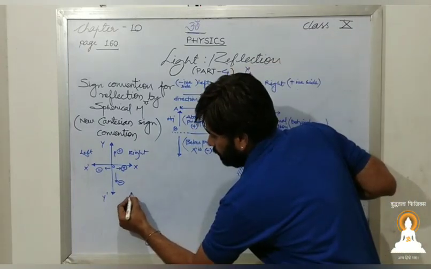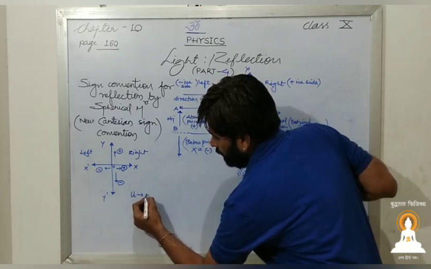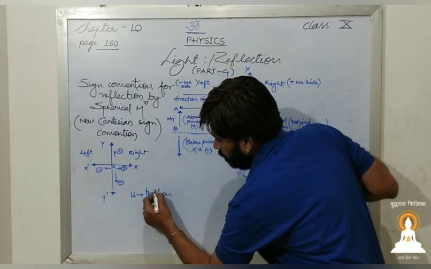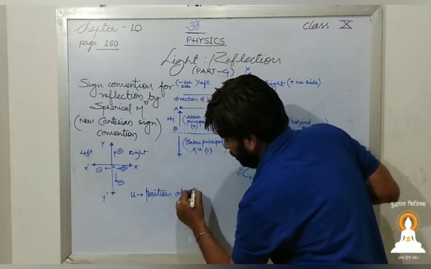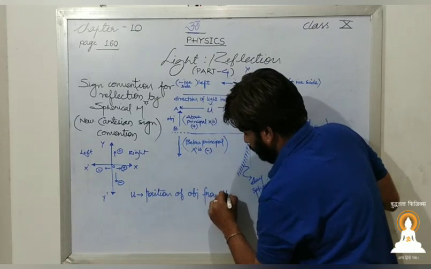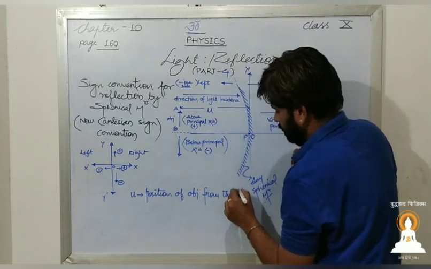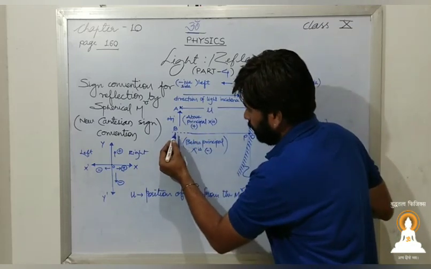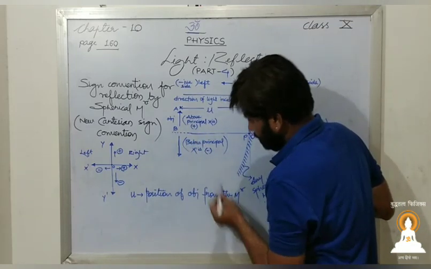So u will be the position of the object from the mirror, that is from the pole, over the principal axis.